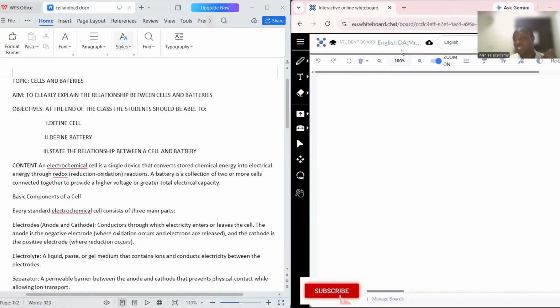Redox reaction meaning reduction-oxidation reaction. So that's what we call an electrochemical cell or a cell.